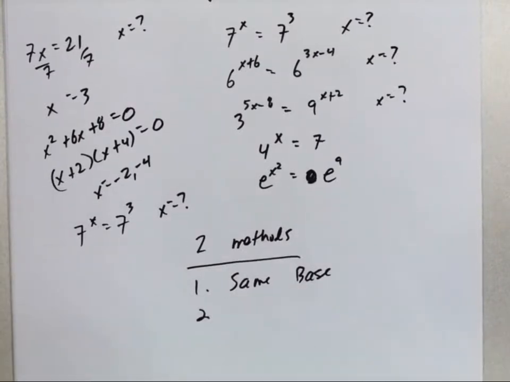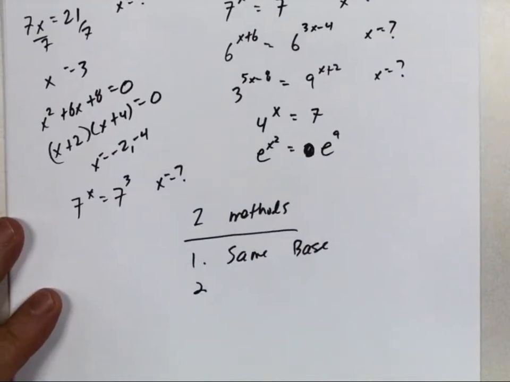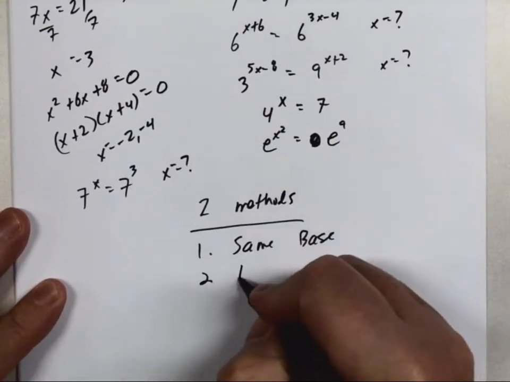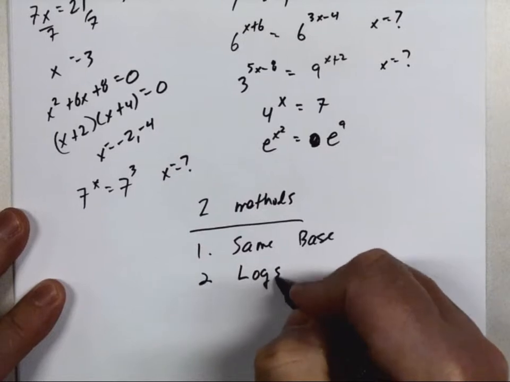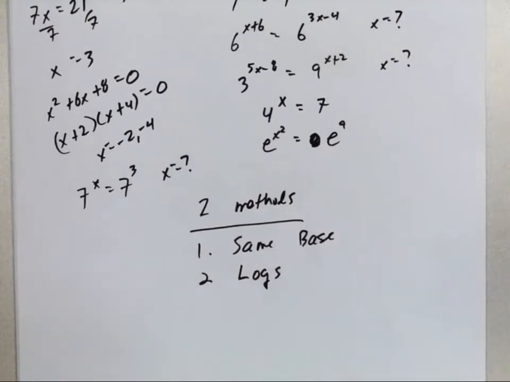The second method, which we're not going to do for another lesson or two because we have to learn some more stuff, uses logs. Maybe some of you have had logs before, or what we call logarithmic functions. That's the other way we're going to use to solve some of these equations with exponential functions.